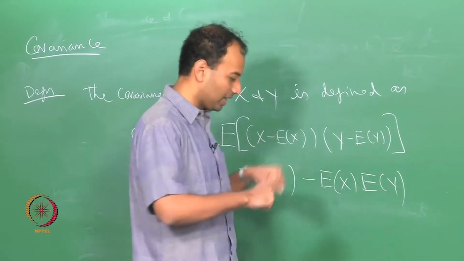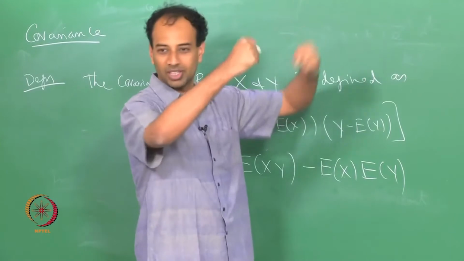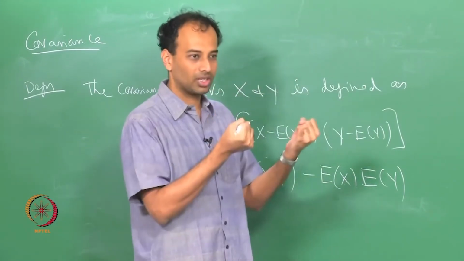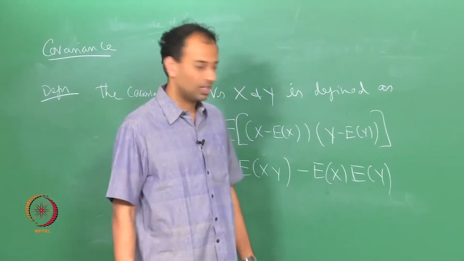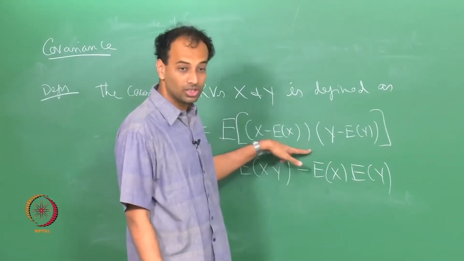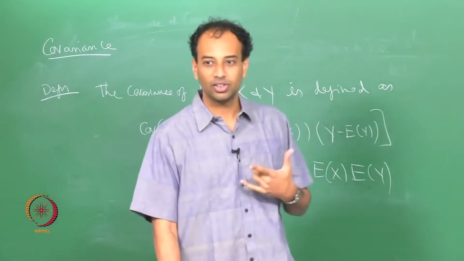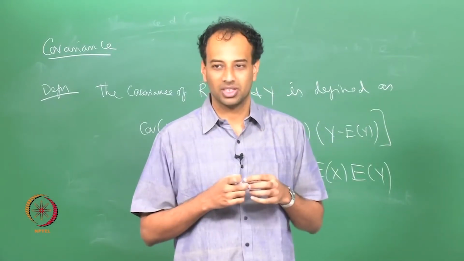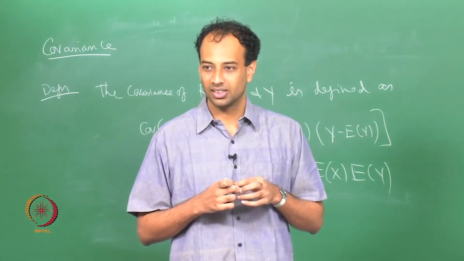And if x and y tend to be on the same side of the expectation with greater probability, either both greater or both smaller than the expected value, then you will have a positive value for the covariance. So, in that sense it captures the expected joint variation.